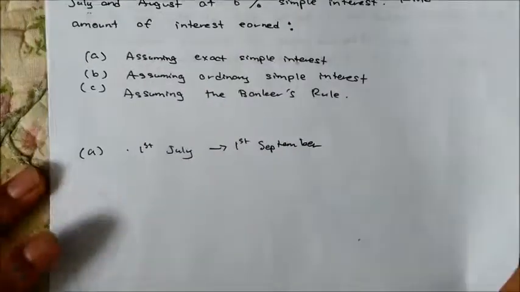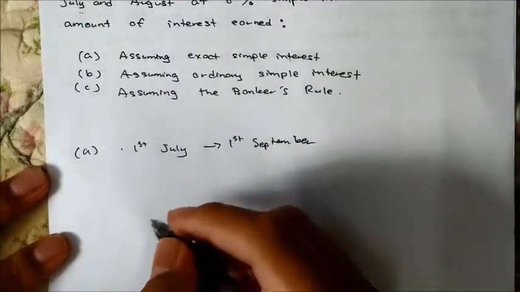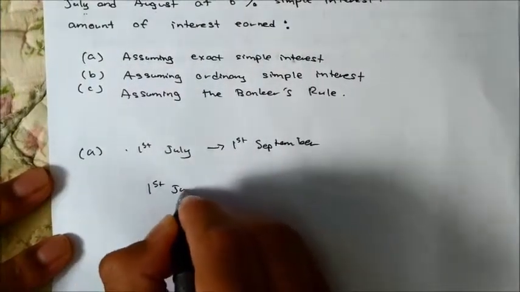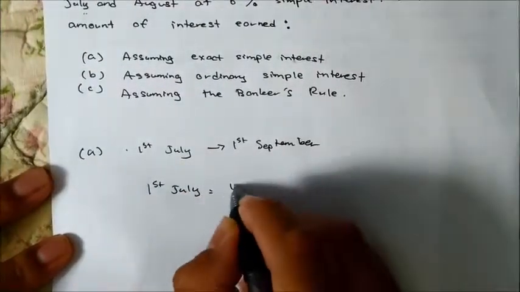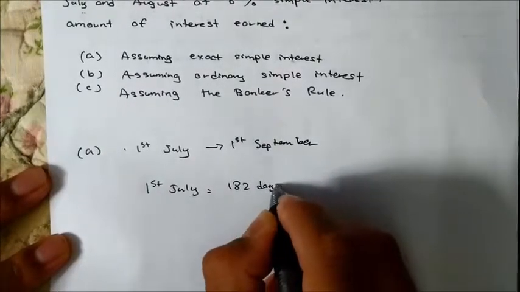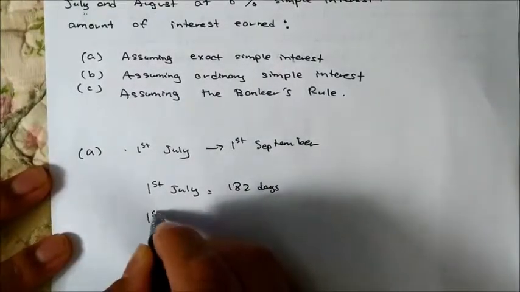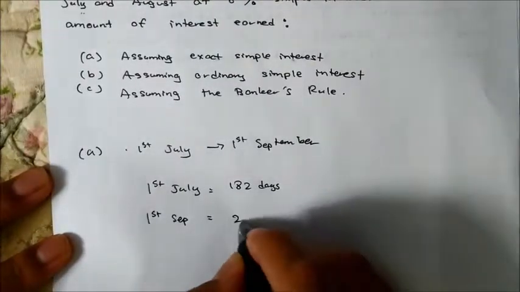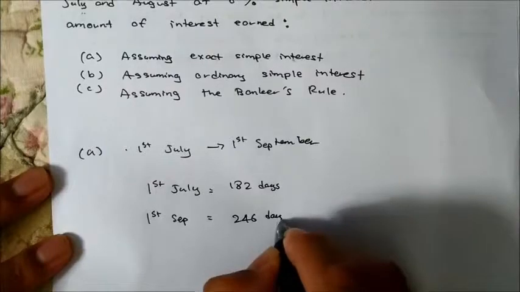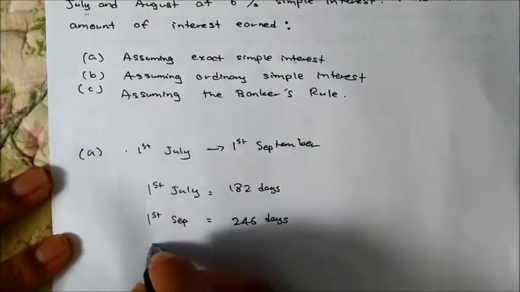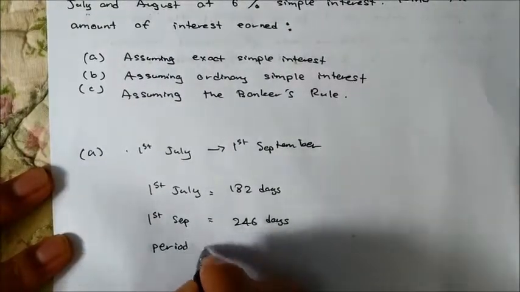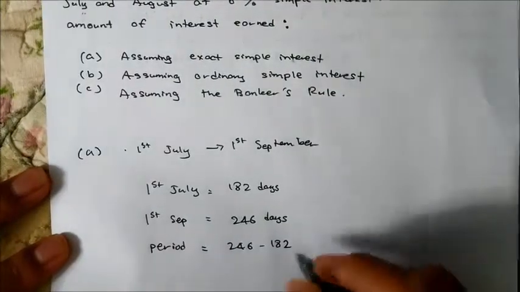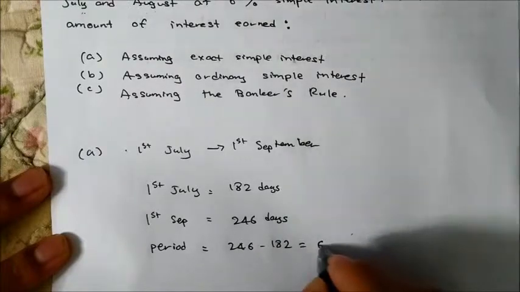Using Appendix A, we get 1st July is equal to day 182 of the year, while 1st of September equals day 246. So subtracting these two, we get a period of 246 minus 182, which is equivalent to 64 days.